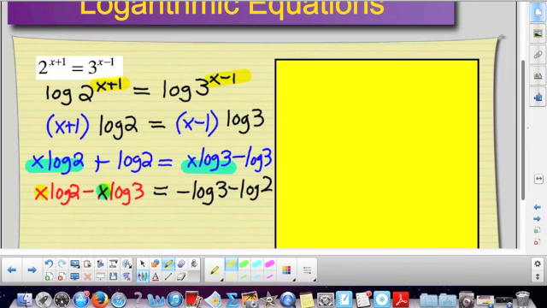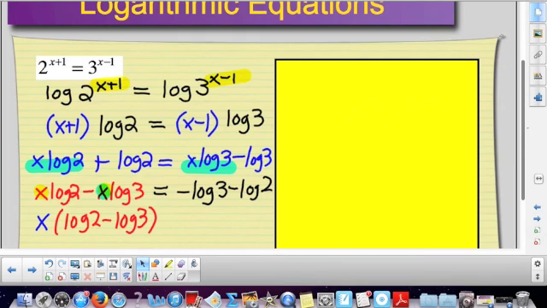I want to take the greatest common factor out, which is my x. So I'm going to factor my x out. So I'm left with x times log 2 minus log 3 is equal to negative log 3 minus log 2.